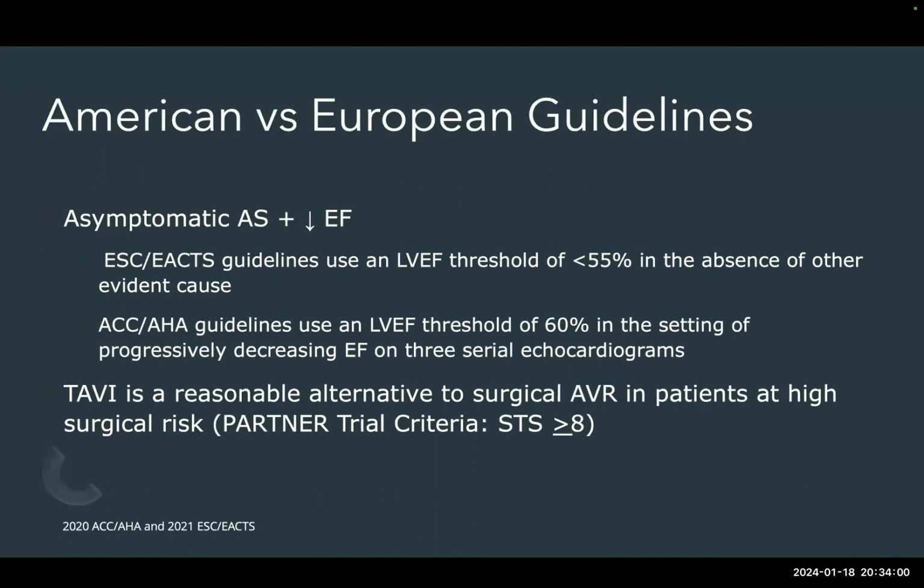So they recommend to go with the TAVI. And the ACC mentioned LVEF less than 60% in the setting of progressively decreasing EF on 3 serial echocardiograms. So echo is 55, the other echo is 57, and the third echo is 55. This is not, yes, they are less than 60%, لكن they are not decreasing. It has to be 3 serial based in the ACC guidelines.